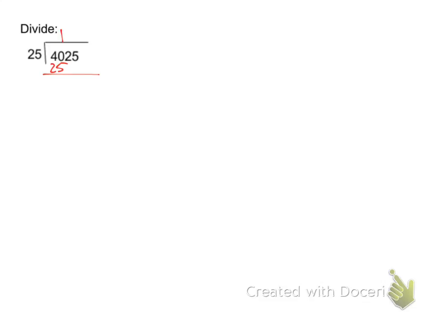At this point, I will subtract. And what's 40 minus 25? 15. And then you ask yourself, does 25 go into 15? No. So therefore, I'm going to bring a 2 down.